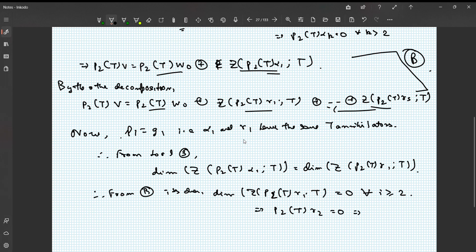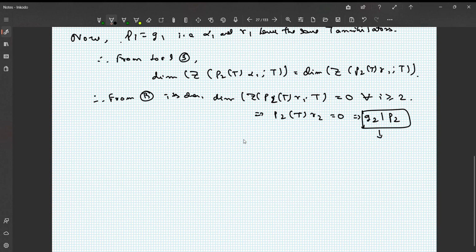Or we can say that P2(T) of gamma 2 is equal to 0, right? But G2 is the T-annihilator of gamma 2, so that means G2 divides P2. Why does this happen? Because G2 is the T-annihilator of gamma 2.